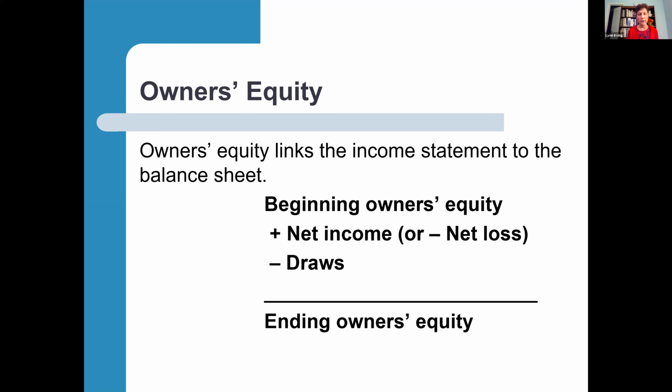And the ending balance is what would show up on your balance sheet, right? So the net income comes off your income statement, your owner's equity is on the balance sheet. And that's how that owner's equity balance is always changing by whether you've made money, right? Net income or net loss. And then if you took any draws out of the business. So that's how that one works.